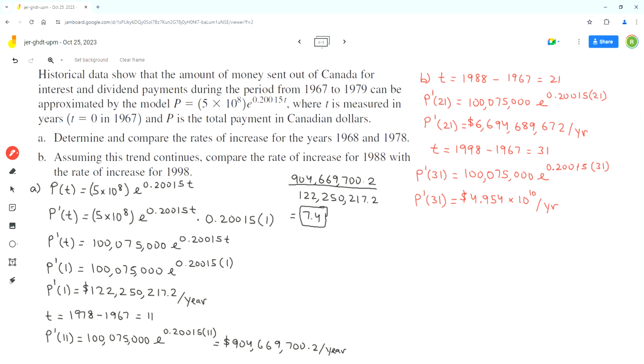Now we have to compare the rate of increase. We'll divide the rate of increase for 1998 by that of 1988. So we can do the calculation here: 4.954 times 10 to the power 10, this is the value for 1998, divided by the value for 1988.